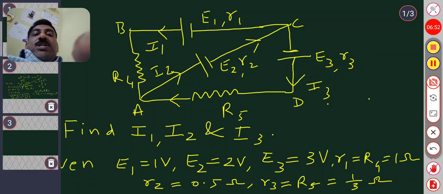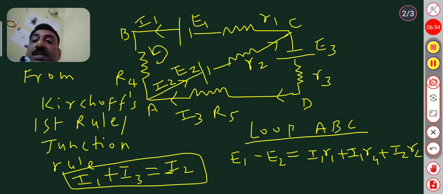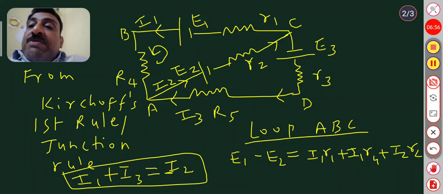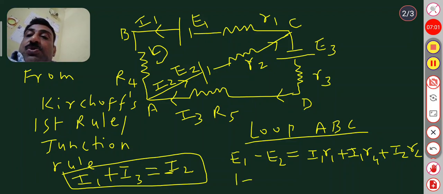So if you substitute these values here, what do you get? E1 is given as 1 volt, so 1 minus E2, which is given as 2 volt, is equal to I1 into R1.